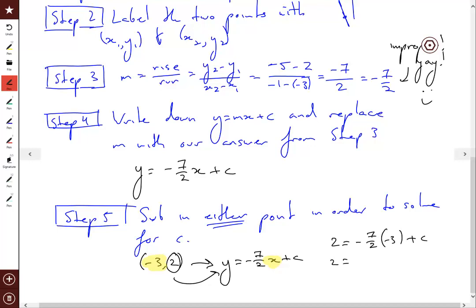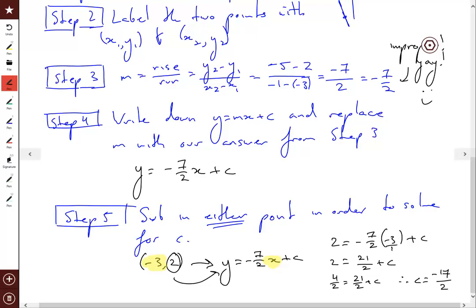Now remember, negative 3 is the same as negative 3 on 1, so you can write it like that, so you can do the fraction multiplication easily. So we end up with 21 on 2 plus c. Let's write 2 as something on 2, so the denominators are the same. So I'm going to write 4 on 2 equals 21 on 2 plus c. And so therefore c equals negative 17 on 2.